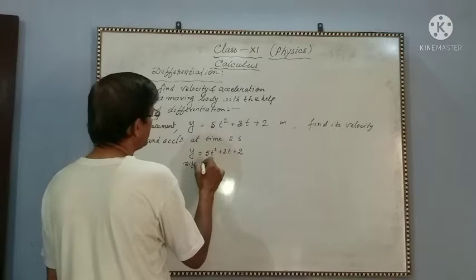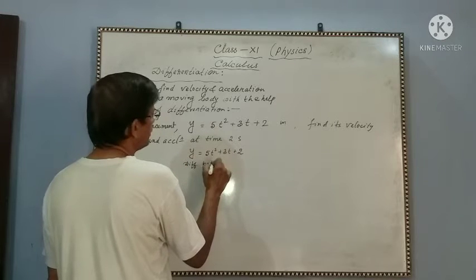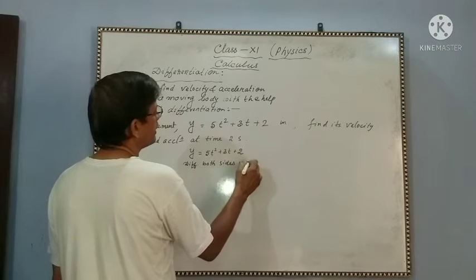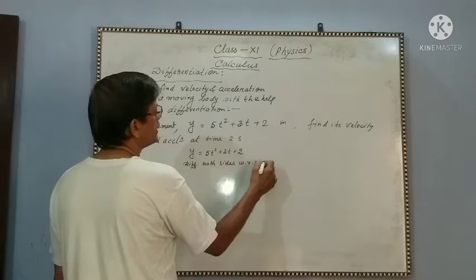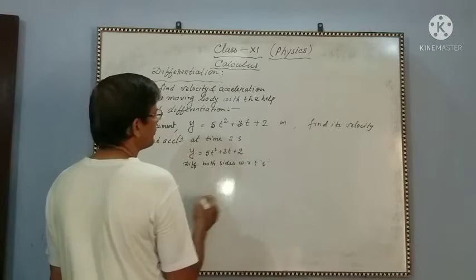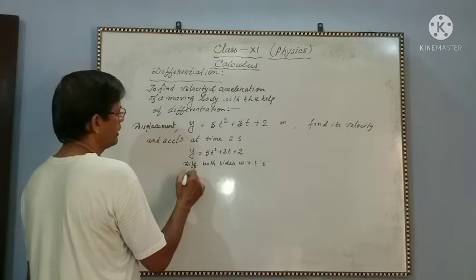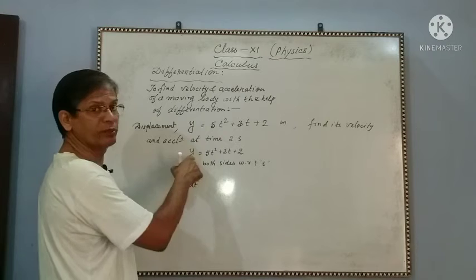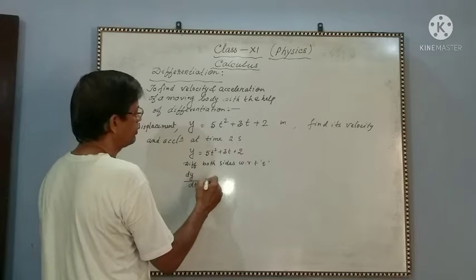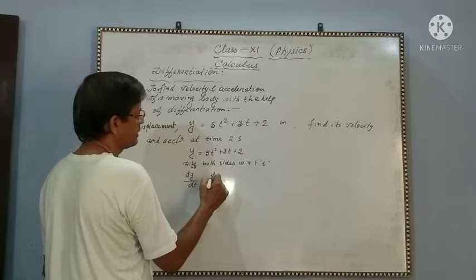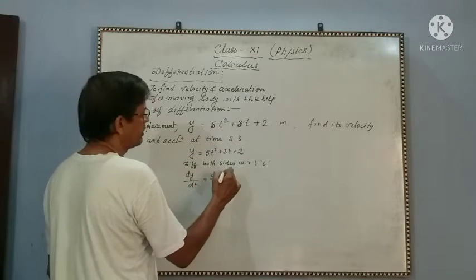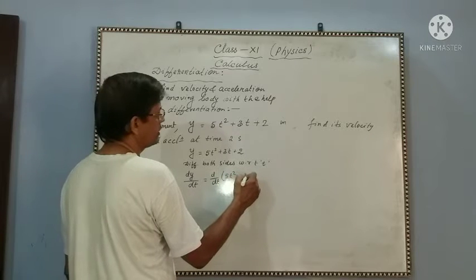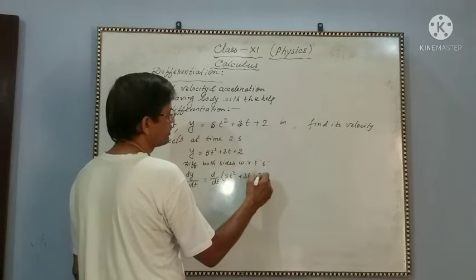Differentiating both sides with respect to t, what will we get? dy by dt on the left side equals d by dt of 5t square plus 3t plus 2.